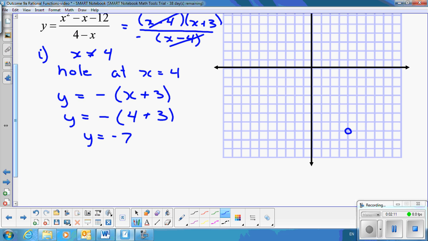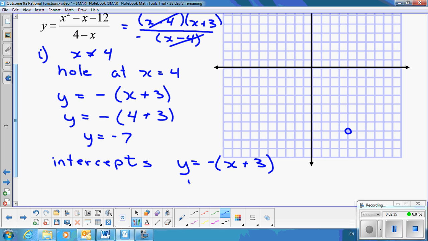I can look at intercepts then. Because my denominator actually disappears, the graph of my rational function is actually going to look like the graph of y equals negative x plus 3.